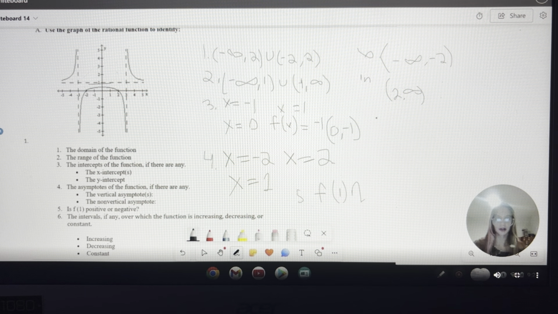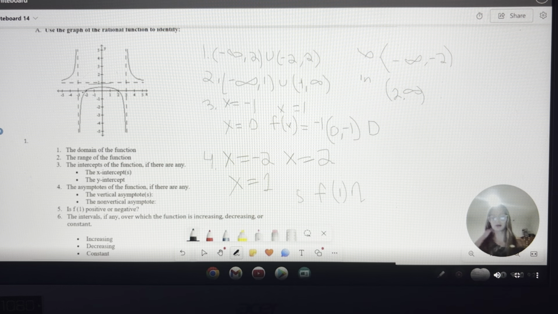Then for decreasing, from -2 to 0, they're decreasing.